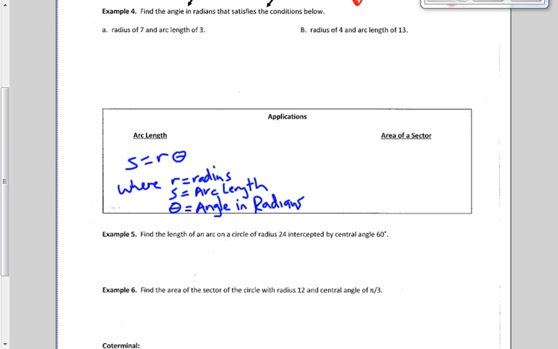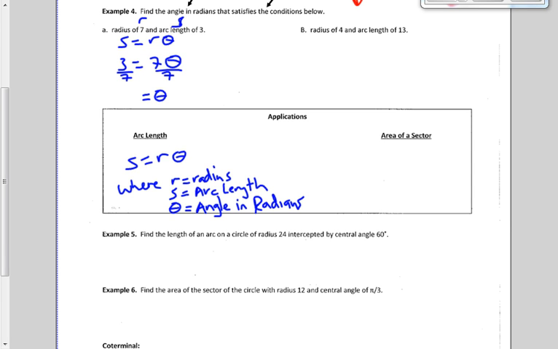So I've got a radius of 7 and an arc length of 3. So I've got S equals R theta. This is R. This is S. So I've got 3 equals 7 times theta. So divide by 7.